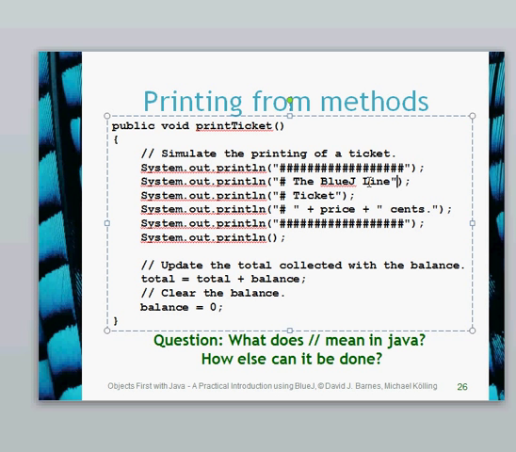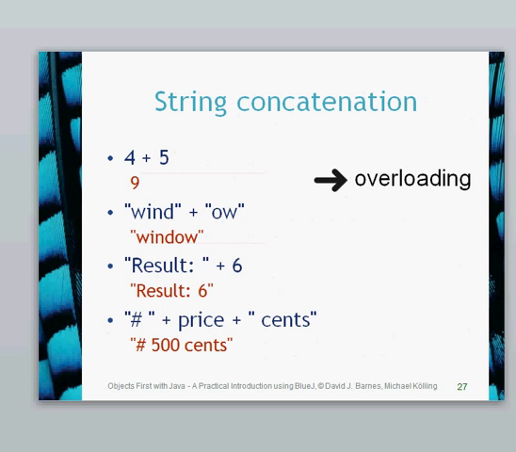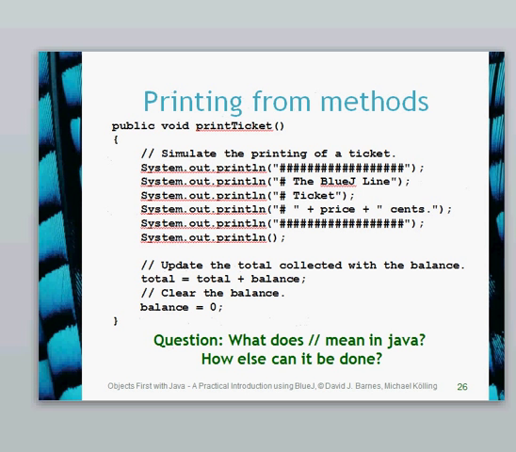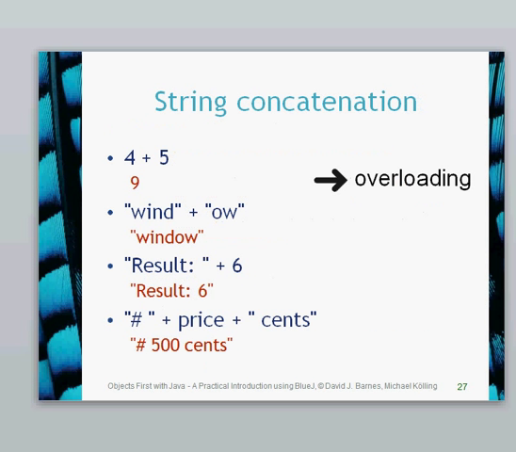This line here has some string concatenation in it. We'll do concatenation in the next slide. So printing from methods is just used to get data to the terminal. String concatenation does some slightly strange things. If we do a System.out.println of 4 plus 5, we're going to get an output to the terminal of 9.